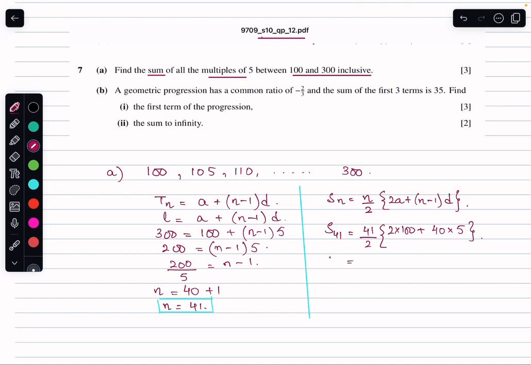So the sum of all the 41 terms shall be 41 divided by 2 times 200 plus 200, which gives me 400.